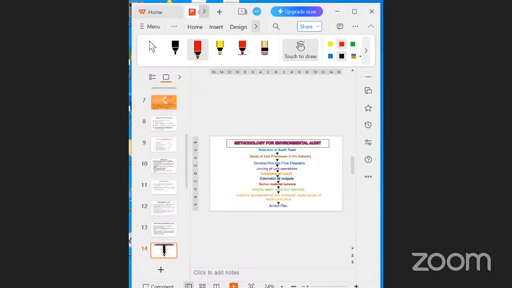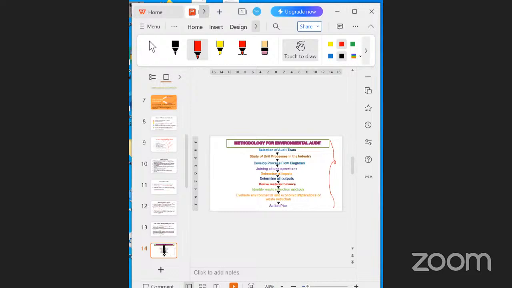So now we are going to methodology. This is also very important. Methodology for environmental audit. So in this slide, we have tried to show how the environmental audit is performed. So these are the steps one by one.